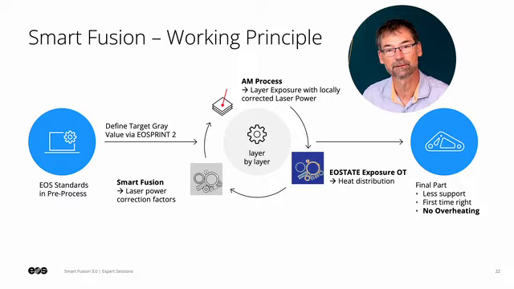With this feature, repeatable and consistent job results due to the frozen parameters are guaranteed for every future job run. The LCF data is mapped directly on the EOSprint side in scan vectors and is therefore already included in the build job task, which is then sent to the machine.